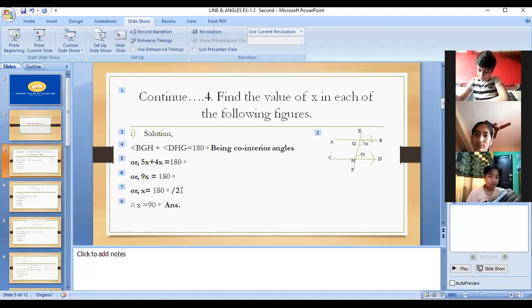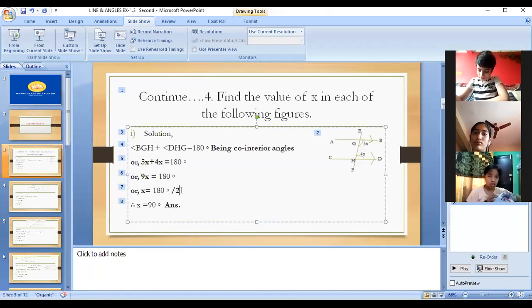You have to understand that. Your concentration must be on the screen. There will be 9. And when 180 is divided by 9, what will be here? 20 degrees. You are right.